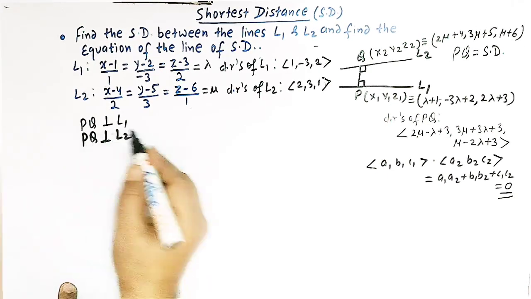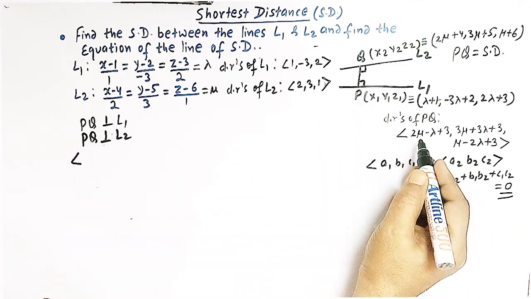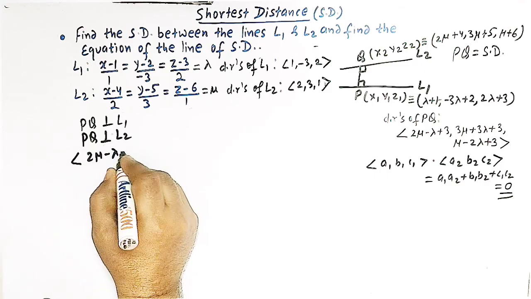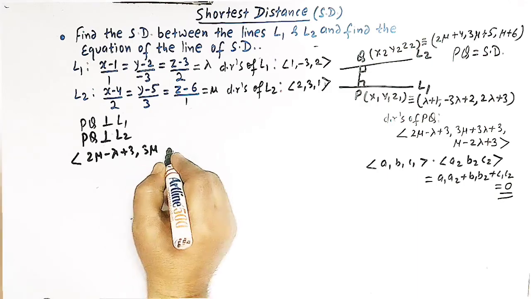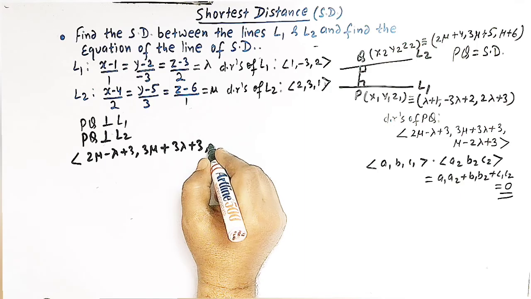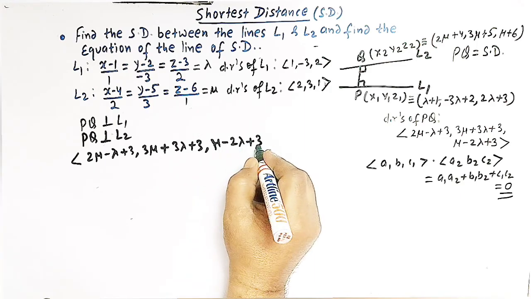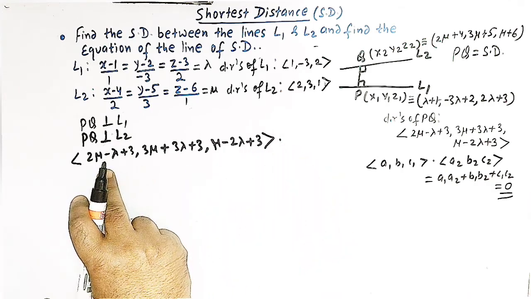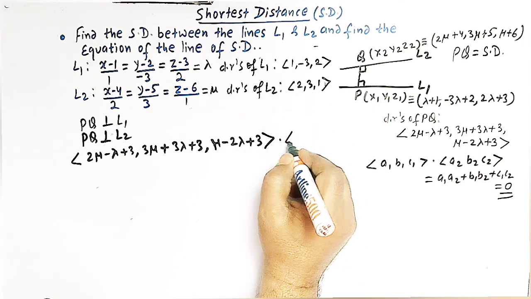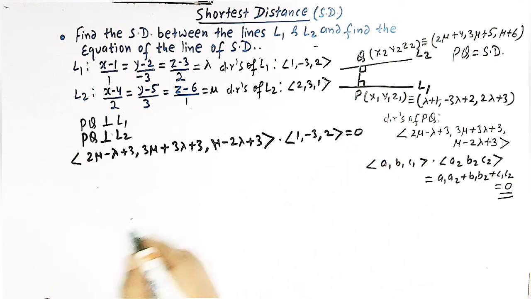So when PQ is perpendicular to L1, the direction ratios of PQ are 2 mu minus lambda plus 3, and then we have 3 mu plus 3 lambda plus 3, and then we have mu minus 2 lambda plus 3, and the dot product of these direction ratios with this one, that is 1, minus 3 and 2, is equal to 0.